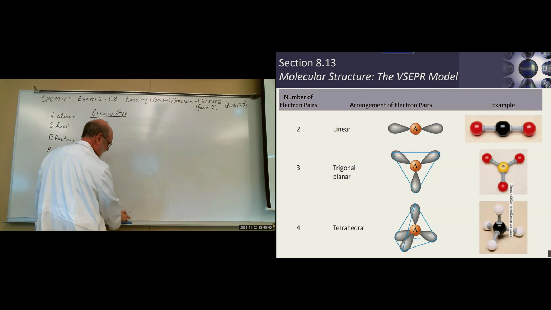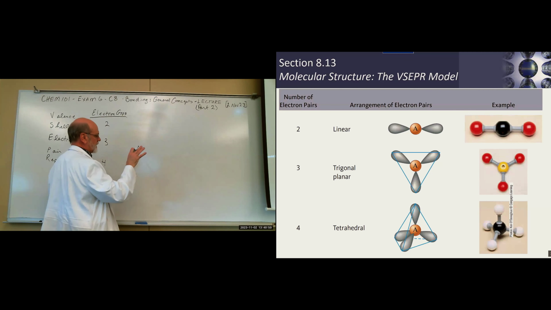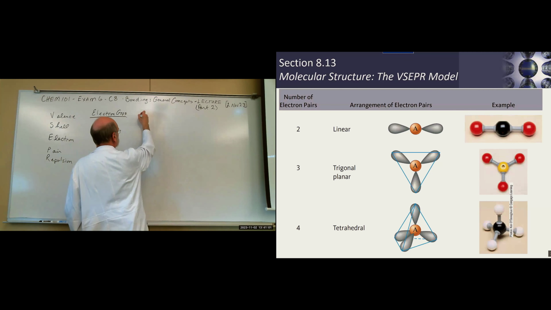Then we have electronic geometry. Okay. And then molecular geometry. So this is where we're headed, but we have to go through electronic geometry in order to determine molecular geometry.